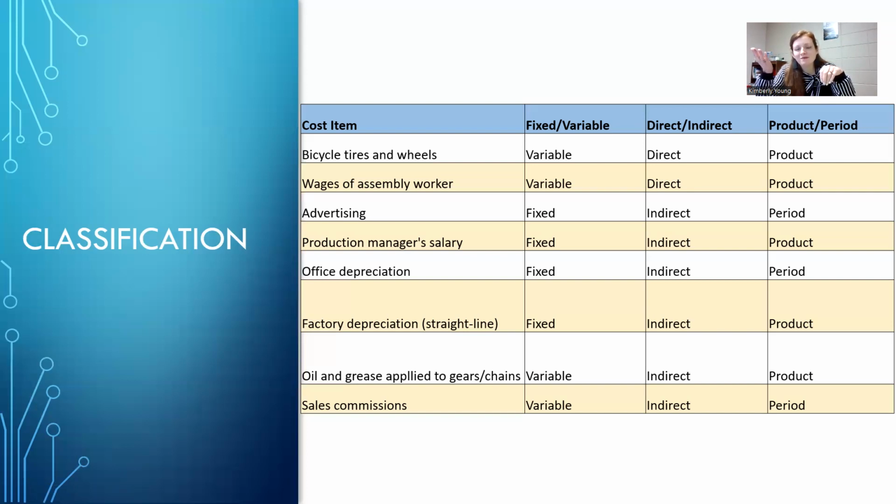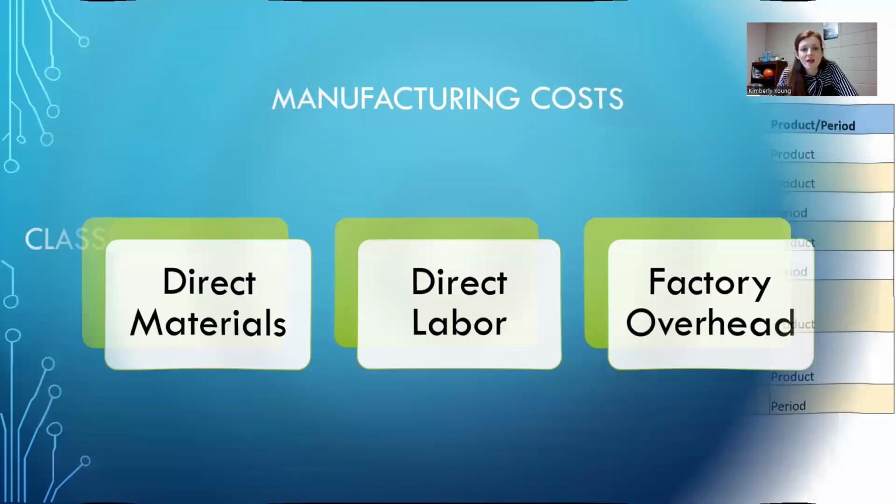Maybe you don't measure grease in teaspoons, but that's all I know. I don't know how to put a bicycle together. And it's an indirect cost. And then it is also a product cost. So while we are not sure exactly how much everyone's putting into it, we do know it's going directly onto the product. I'm not reading through all of those, but that's a good bit of them.